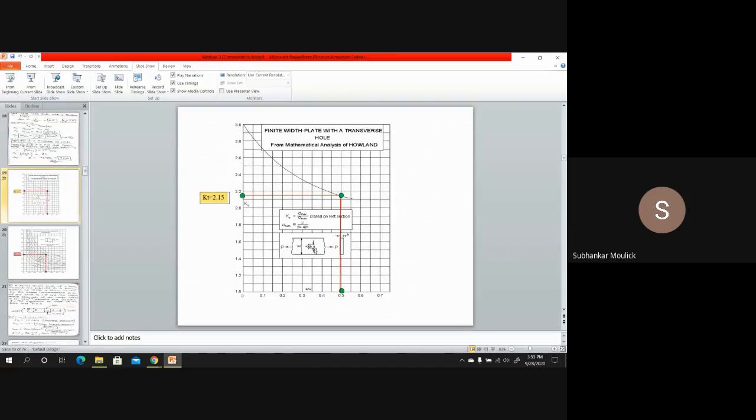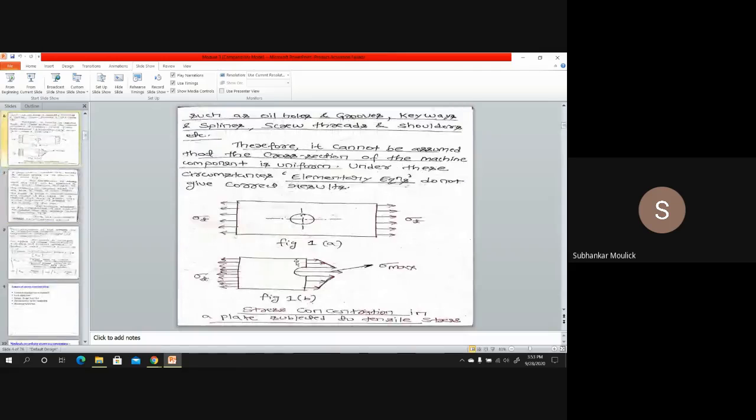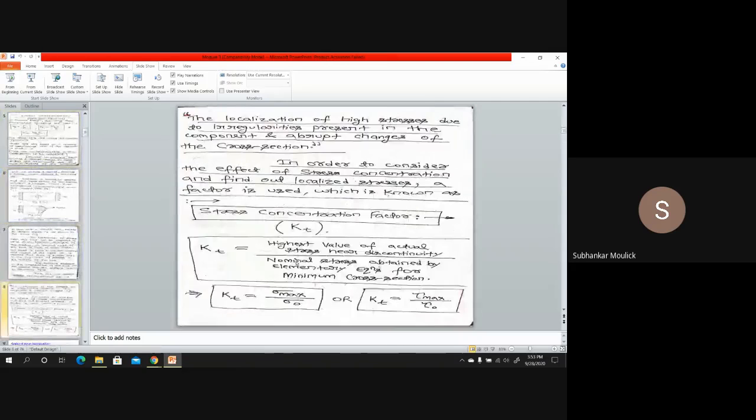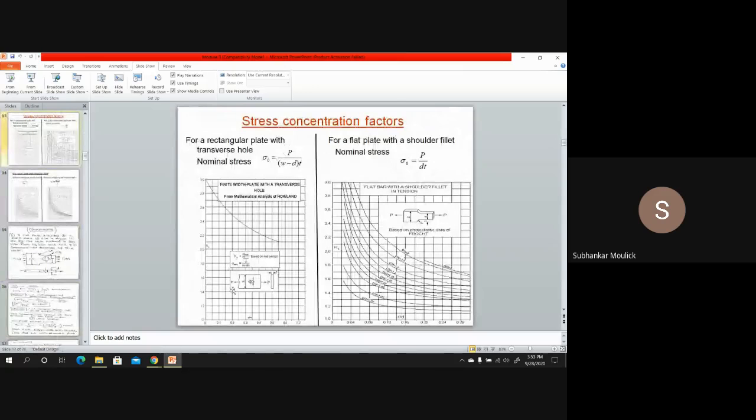Yes, this is the graph which I will select from the design data book. This left side graph I will select, because this is a rectangular plate with a central hole.